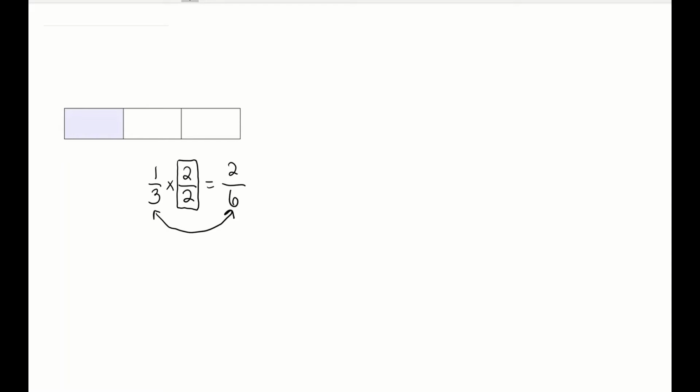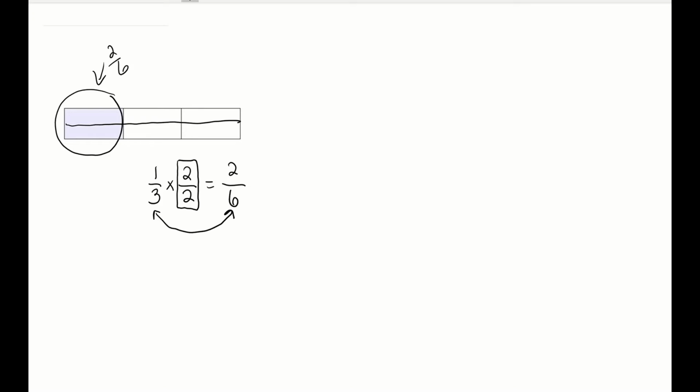So if I take this and split, I see now this model 2/6 is absolutely equivalent to 1/3. Numerically, multiplying both the numerator and the denominator by a fraction equal to 1 partitions the fraction into smaller parts. So look, we can see that this fraction 2/6 has more parts.